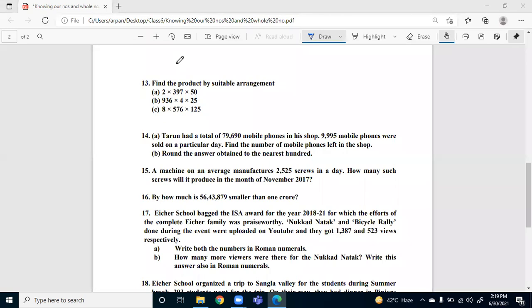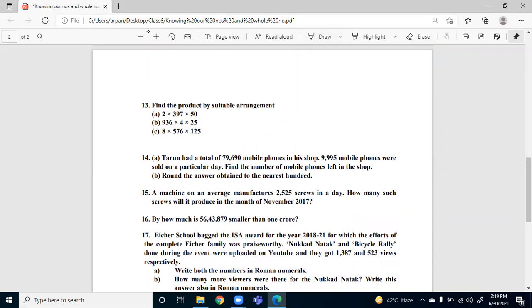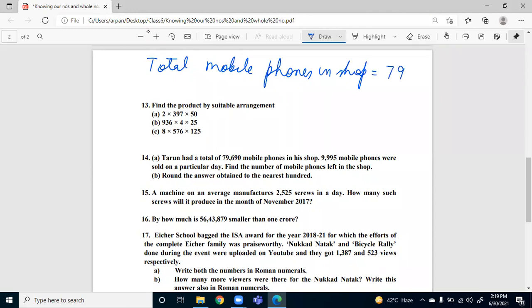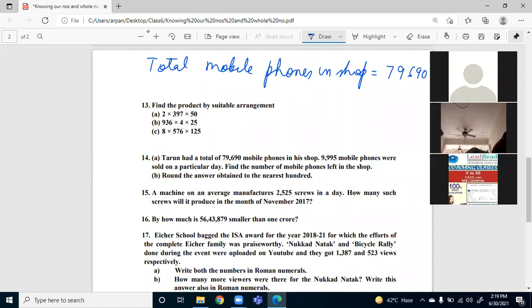First, you write total mobile phones in the shop equals to 79690.